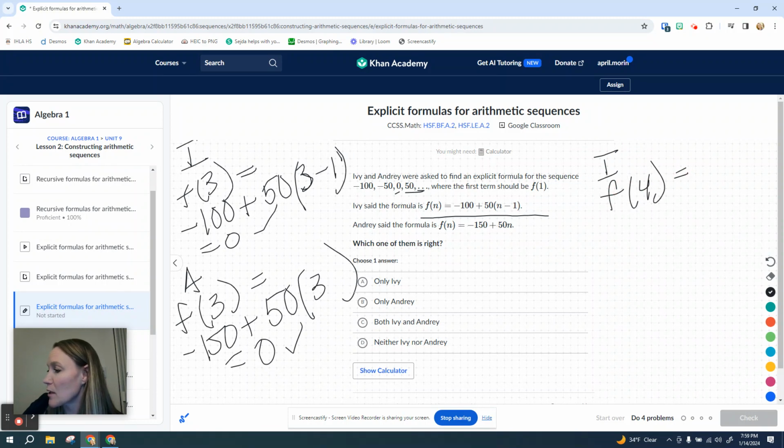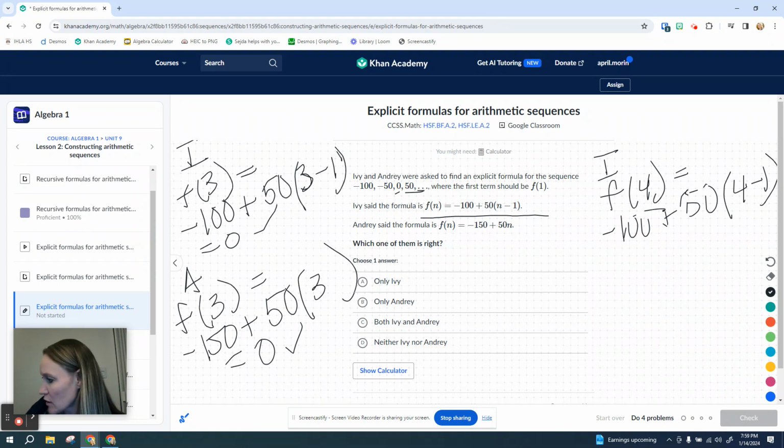I'm ready to call it, but I just want to be sure. Negative 100 plus 50 times 4 minus 1. 4 minus 1 is 3. 50 times 3 is 150. So negative 100 plus 150 is 50. That one checks out.